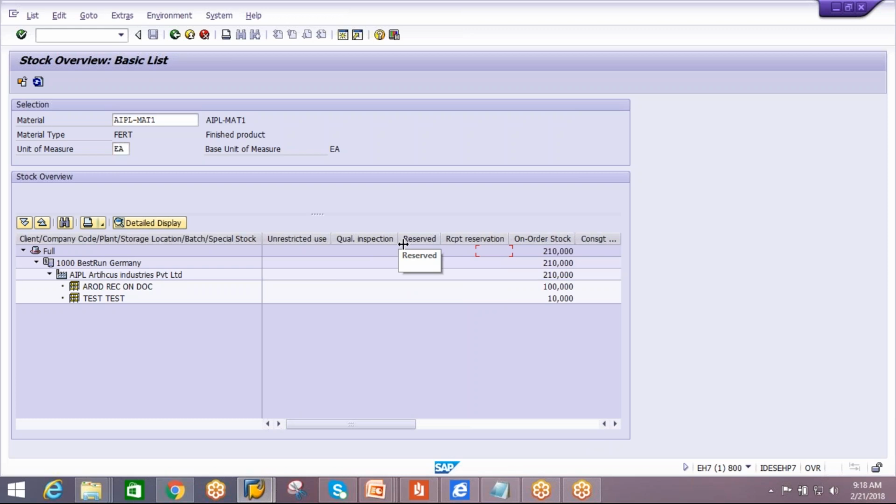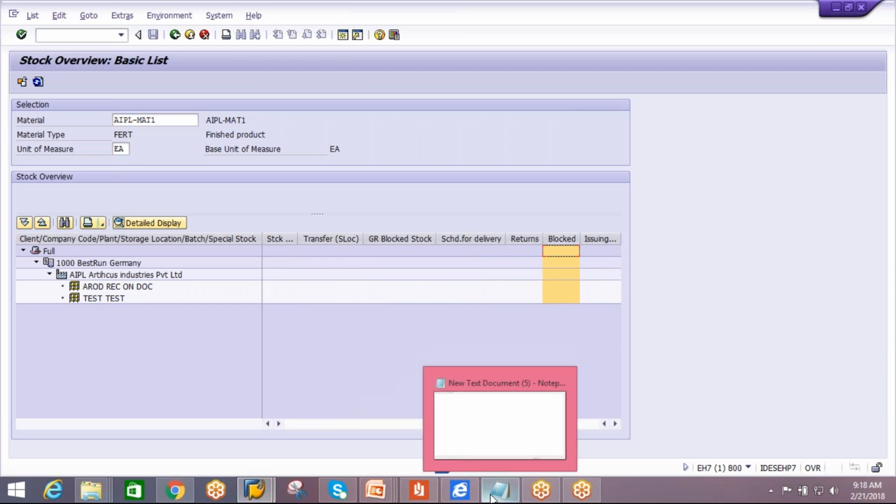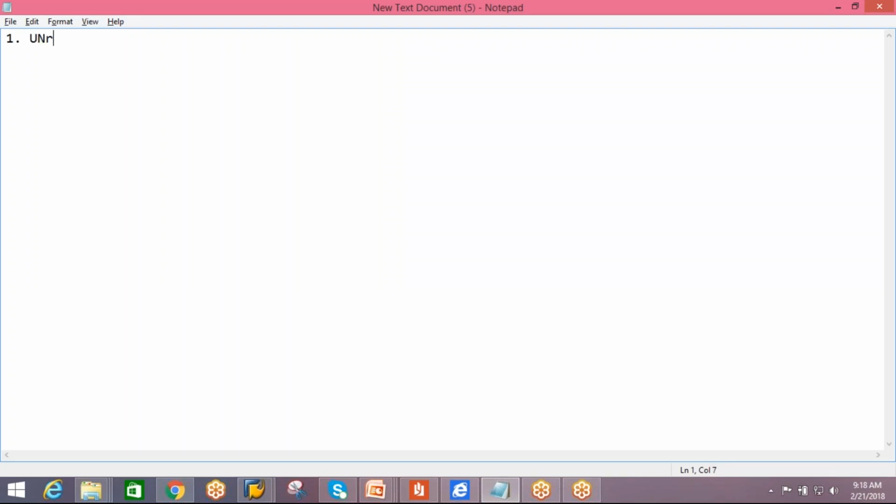Unrestricted, quality inspection, reserved, receipt reservation, GR blocked, returns, and etc. Now, here I am differentiating this: unrestricted, quality, blocked, returns.